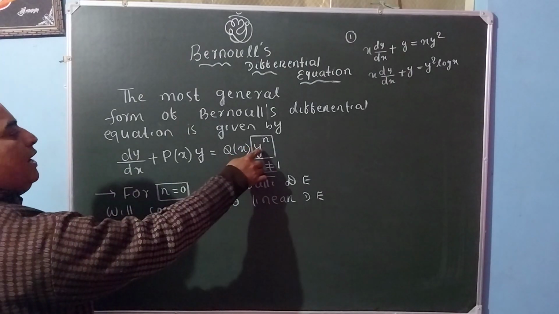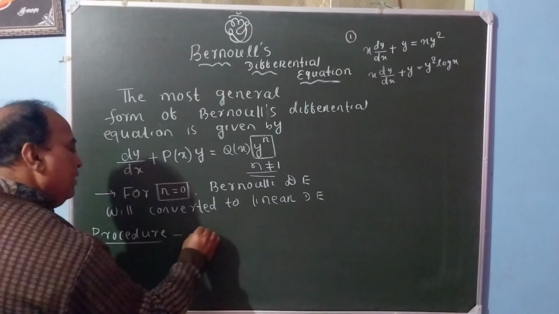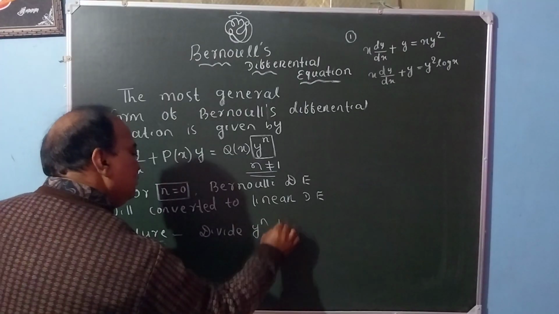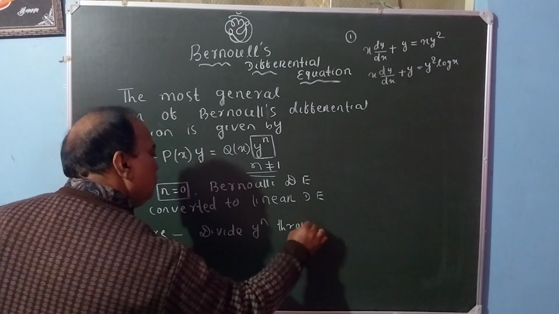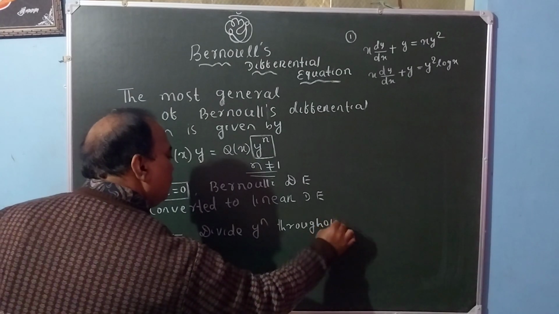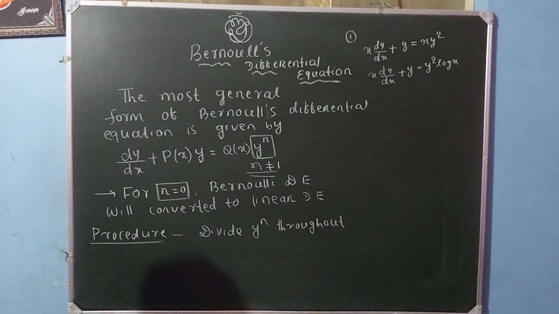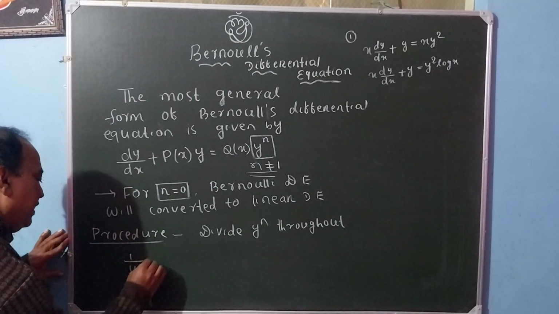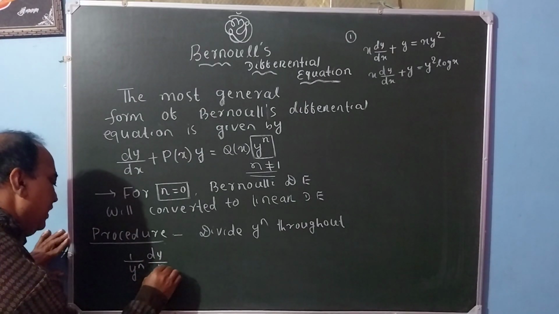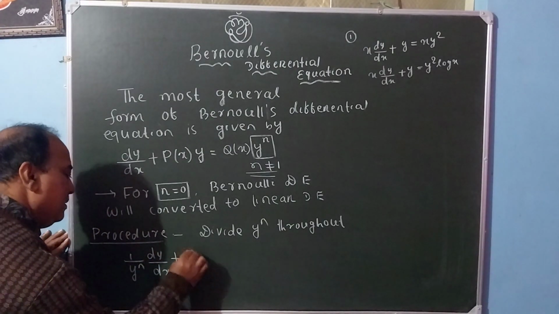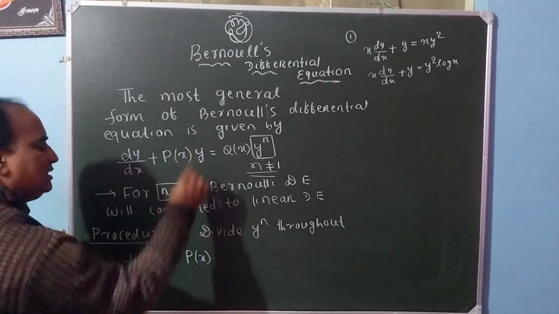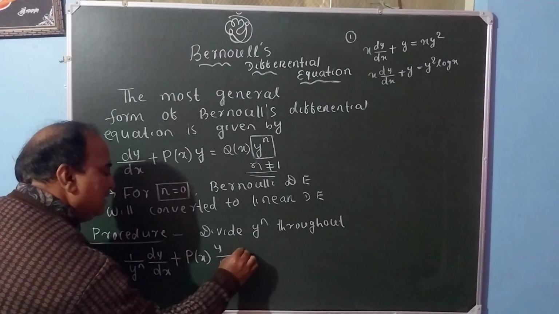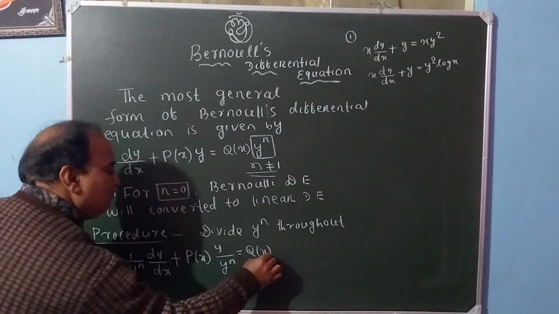First of all, you have to divide by y to the power n throughout. So we get 1 by y to the power n dy/dx plus p(x), here it is y by y to the power n, is equal to q(x).